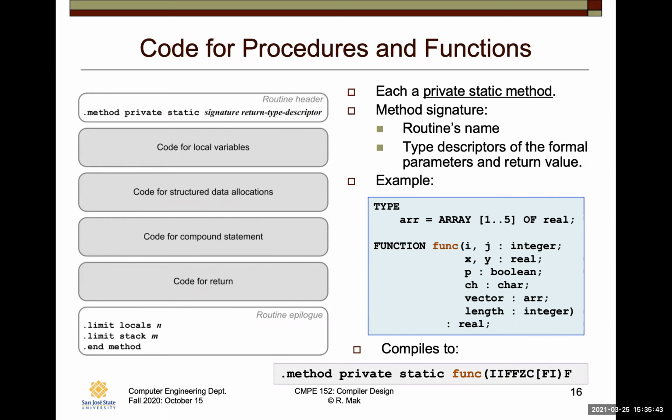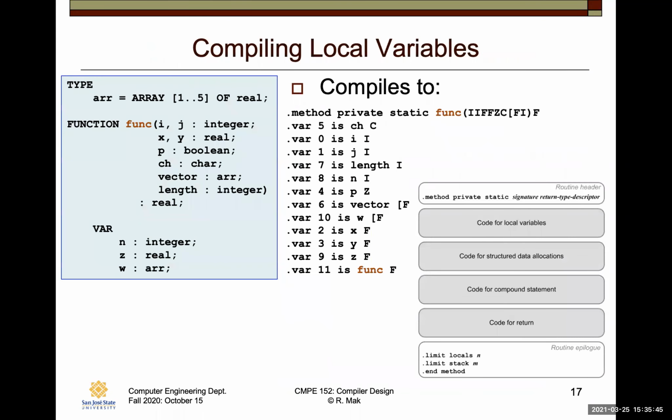Okay, so that's the example. And then I already showed you these .vars. Basically, it's to specify what is the name of the local variable or parameter, what is its data type, and importantly, what is the slot number.